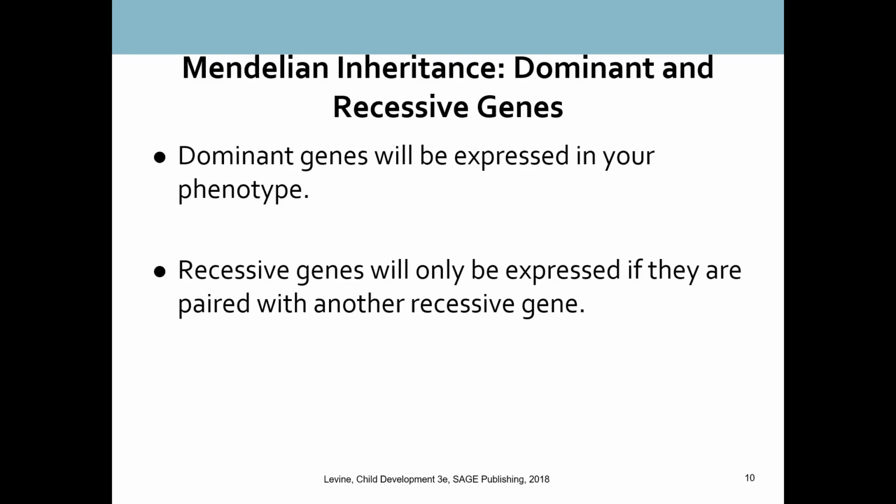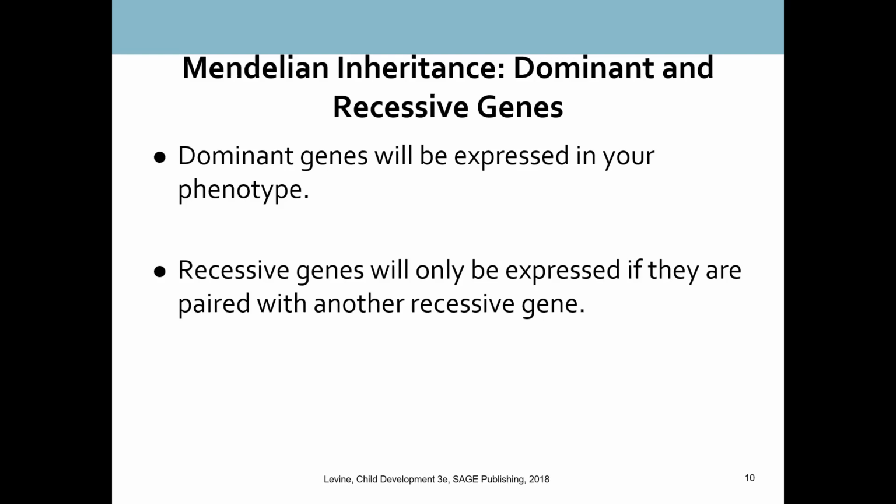If I get one dominant eye color gene, I have that eye color. So recessive genes only get expressed if they're paired with another recessive gene. So for eye color, I can tell you that brown is a dominant color. If either of your parents give you a brown-eyed gene, you will have brown eyes.